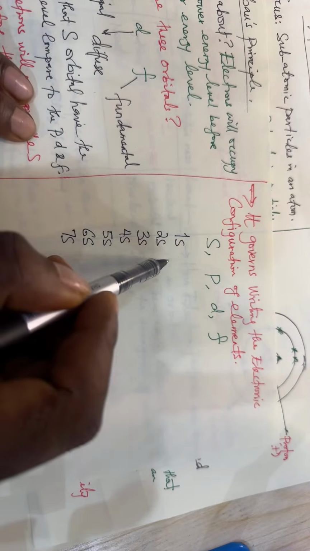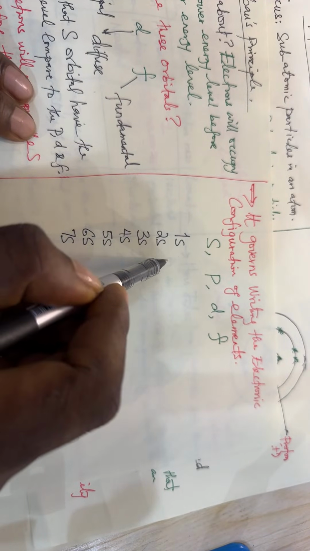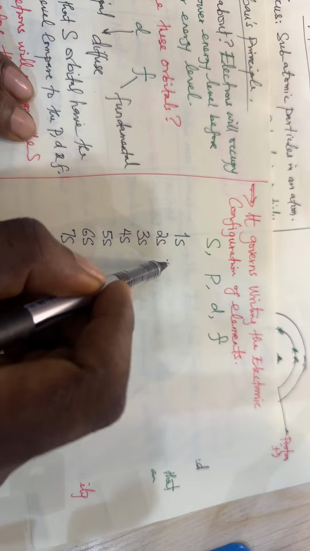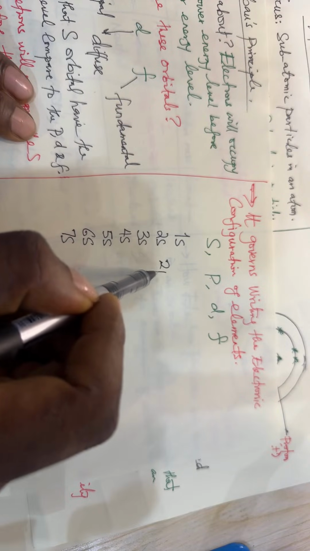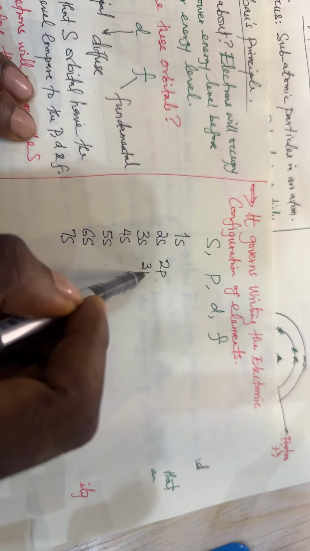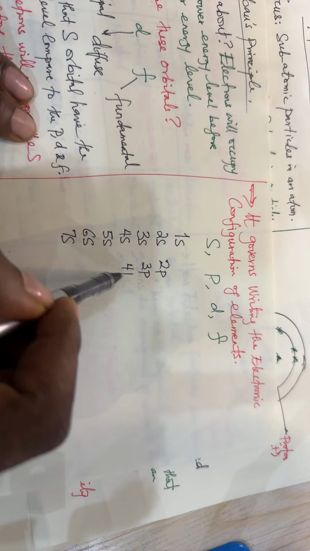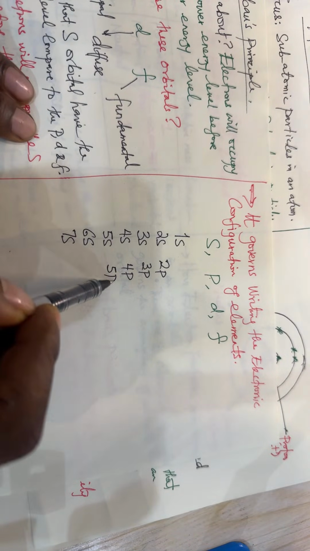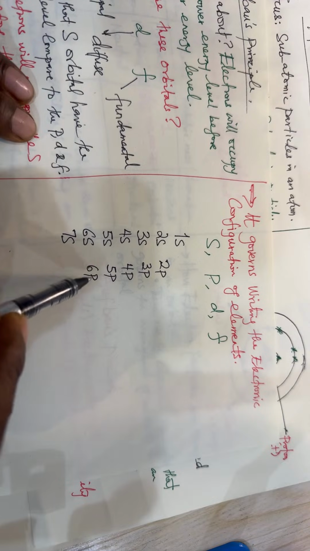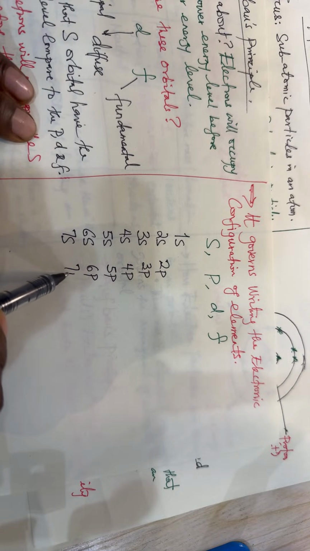Then I will start with the next one, which is P. It goes from the second line: 2P, 3P, 4P, 5P, 6P, 7P.